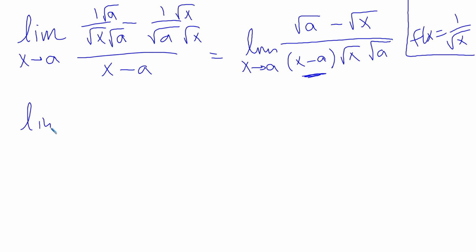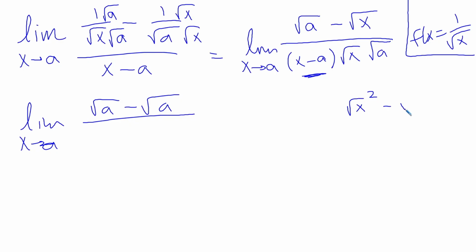We're going to have a limit as x approaches a of root a minus root x. And x minus a, well, x minus a is root x squared minus root a squared. That's just a difference of squares, right? It's root x minus root a times root x plus root a.